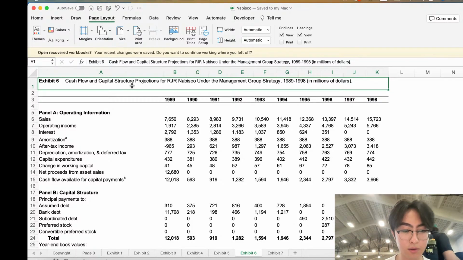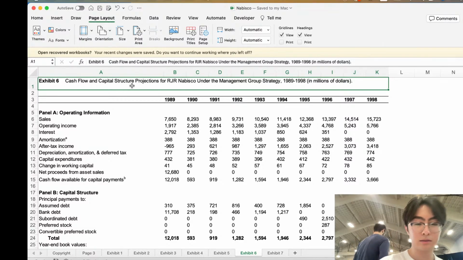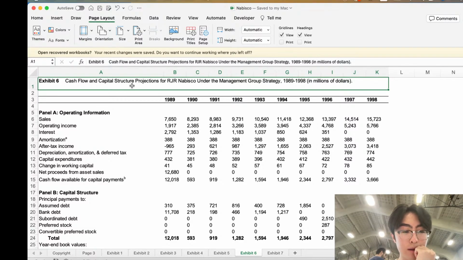Okay, present value. I just took the most recent one. So we have the free cash flow, and then we have the present value of the free cash flow. Just take the discount factor, which should be the WACC, and then we multiply by.